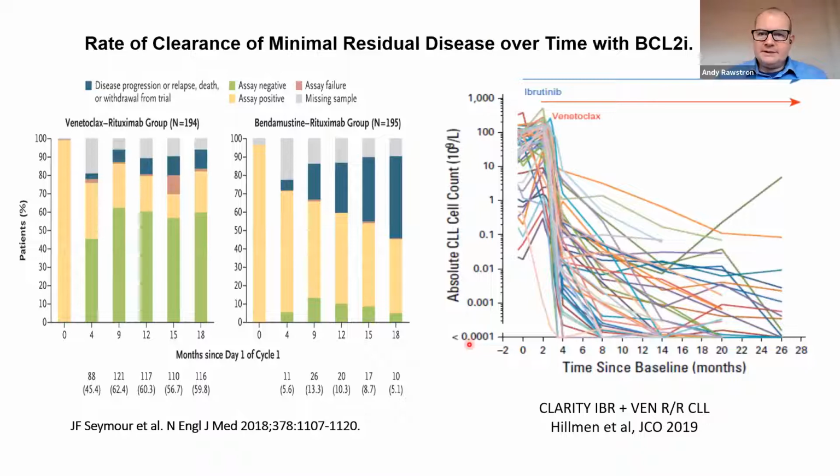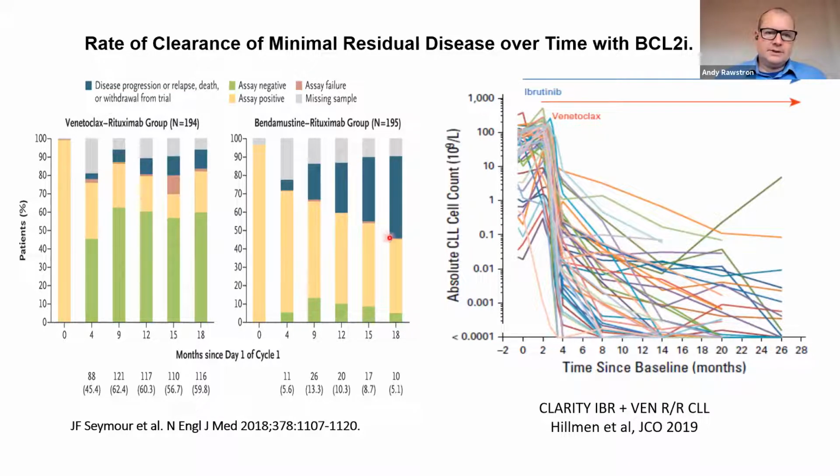And what we've seen here, rather than those very gradual, slow declines in disease numbers, you're seeing a very rapid and very deep depletion of residual disease in patients once they start venetoclax, the BCL2 inhibitor. And the kinetics of it seem to be that this is chemotherapy, so you get maybe a modest response to bendamustine rituximab in this relapsed refractory group, that then gradually declines as they come off the disease.